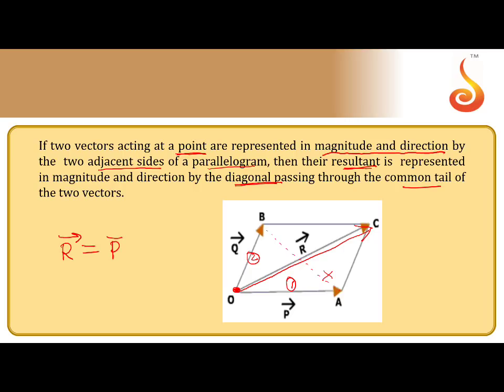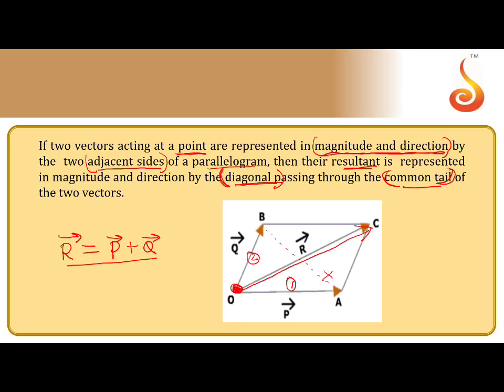R vector here is equal to P vector plus Q vector. I repeat, if two vectors acting at a point O are represented both in magnitude and direction by the two adjacent sides of a parallelogram, then the resultant is represented by the diagonal passing through the common tail.